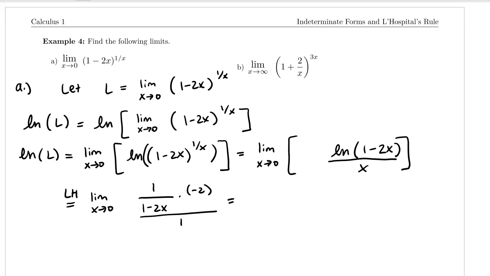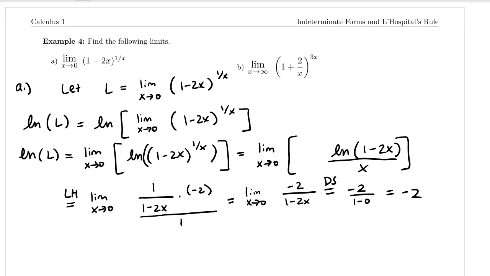So let's simplify this a bit. I have the limit as x approaches 0 of negative 2 over 1 minus 2x. And if I were to use direct substitution now, I would get negative 2 over 1 minus 0, and so that ends up equaling negative 2.